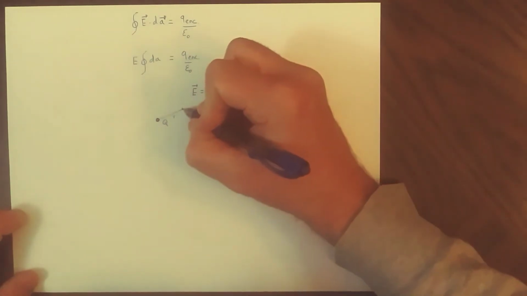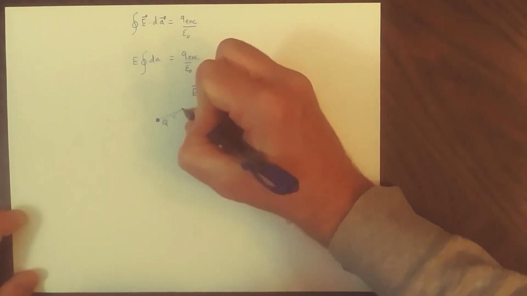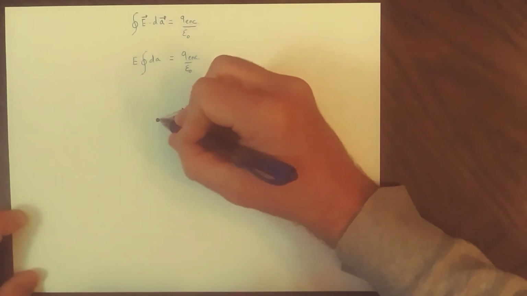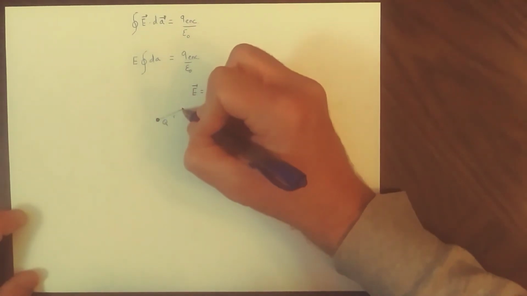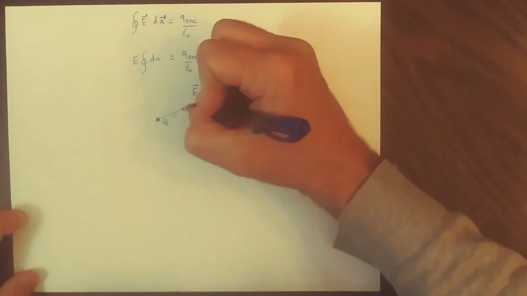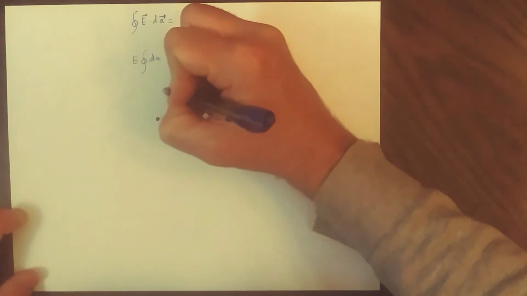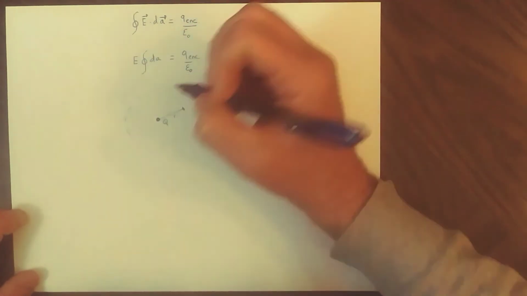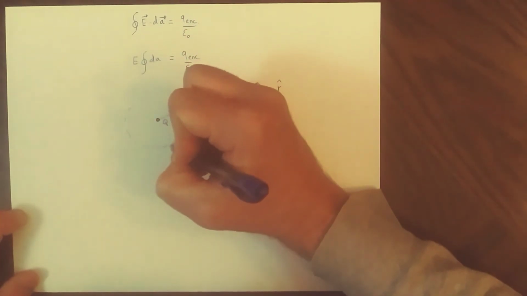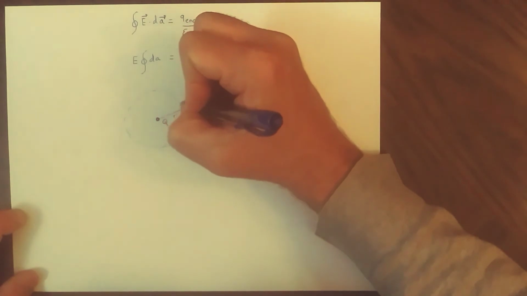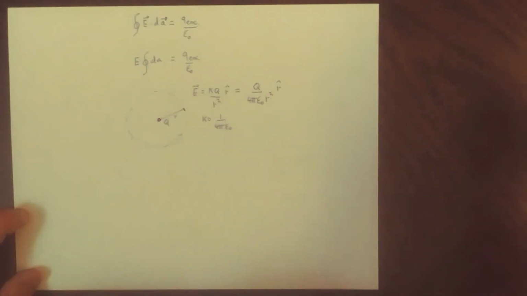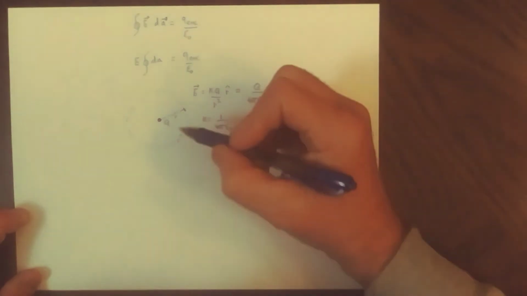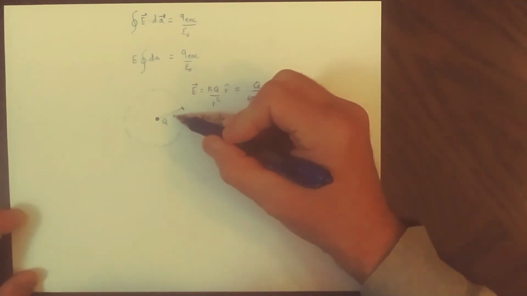The electric field here has the same magnitude as it does everywhere that's a distance r from the point particle, and that is a sphere, right? So I can't draw a sphere, I can draw the cross section of the sphere on this sheet of paper. Okay, so this is some sphere of radius r, where r can be just a variable.